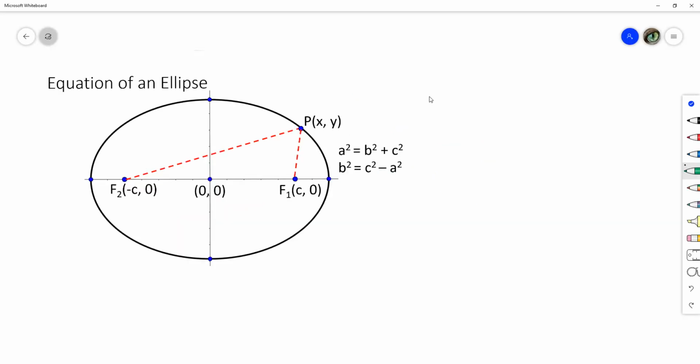Okay, now we have to remember that F2P plus F1P is equal to 2a.